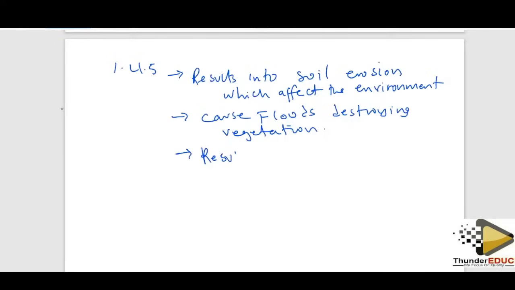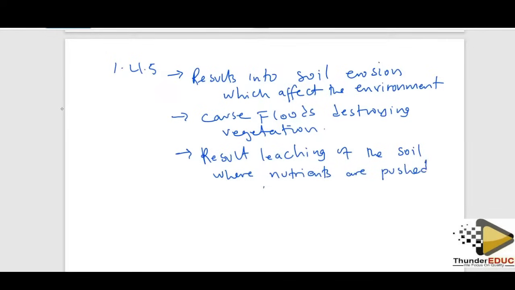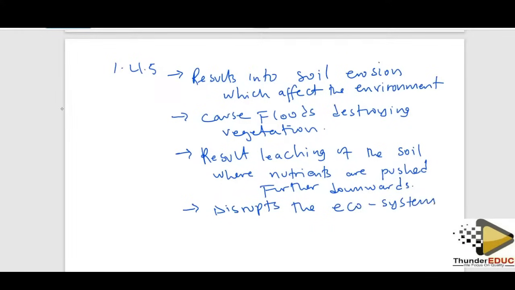Results into leaching of the soil, where nutrients are pushed further downwards as well, disrupts the ecosystem, destroys the natural habitats.